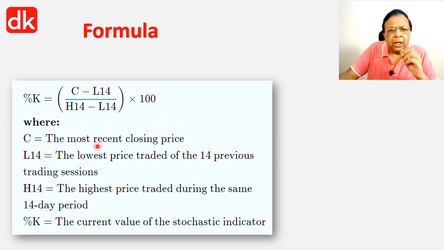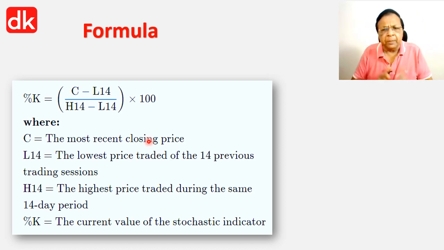C is nothing but the most recent closing price. For example, if you are looking at a daily time frame and you are analyzing the market after today's closing, so C is nothing but the closing price of the day. And L14, the 14 suffix is indicating the 14-day default period.